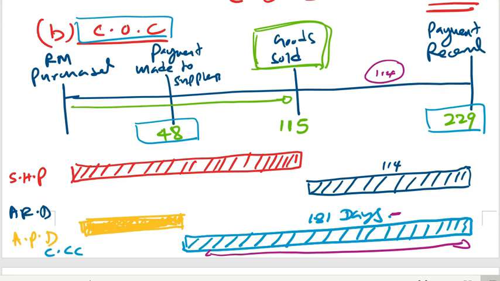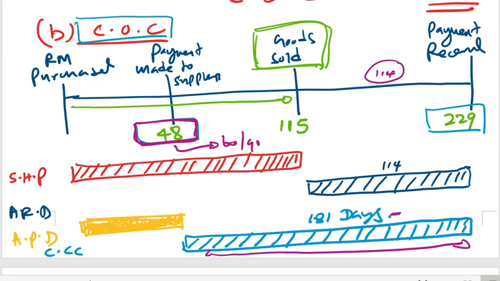And also you can slow down the payment to suppliers. So rather than paying within 48 days, you can negotiate with the supplier to extend this either to 60 days or 90 days.